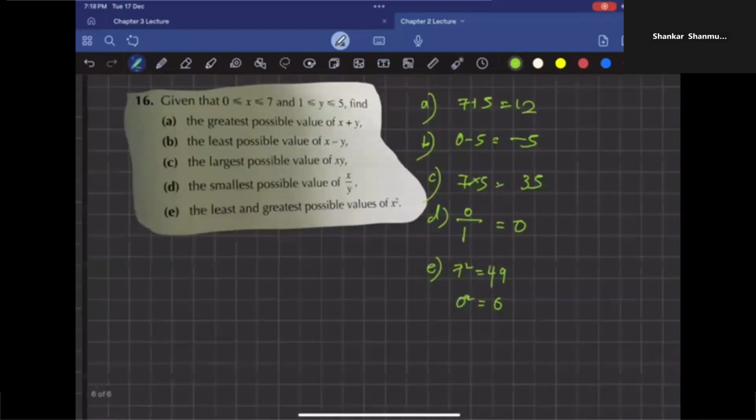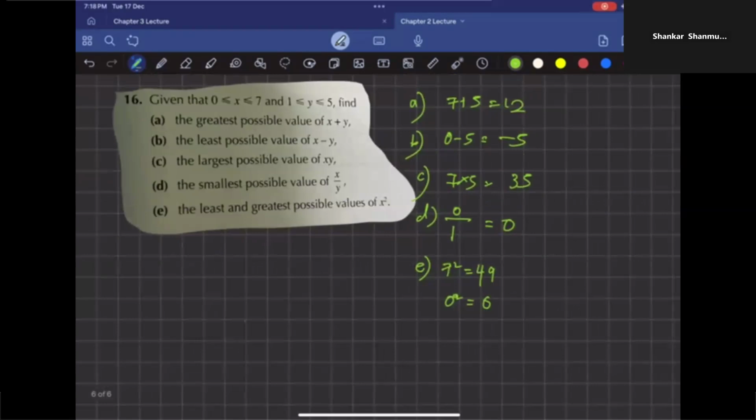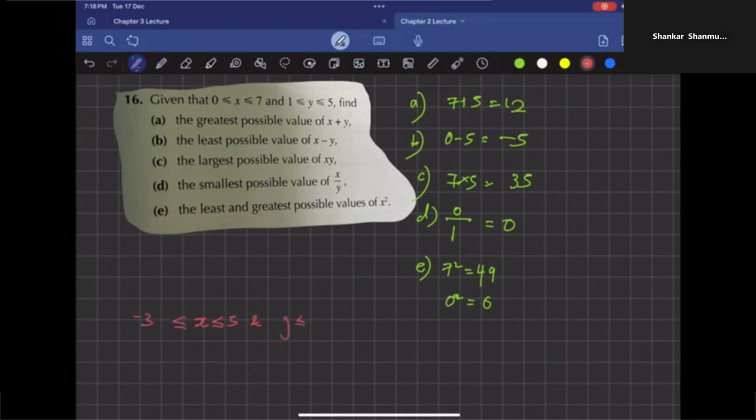So okay, how about you try this question? The same question, just that your x is between -3 and 5, and your y is between -6 and 1.